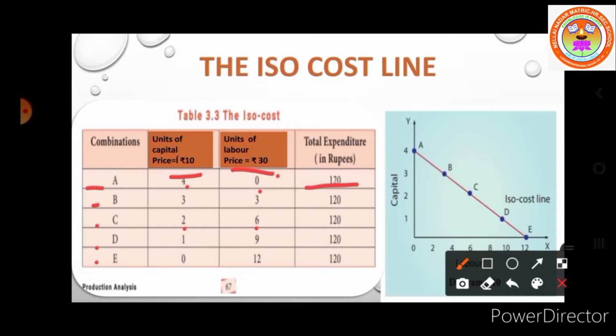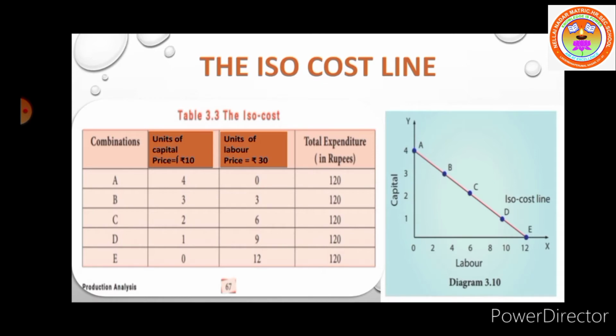From the ISO cost line, OAE is the ISO cost line. The ISO cost line shows that the cost to be incurred on capital and labor is represented by the triangle OAE.